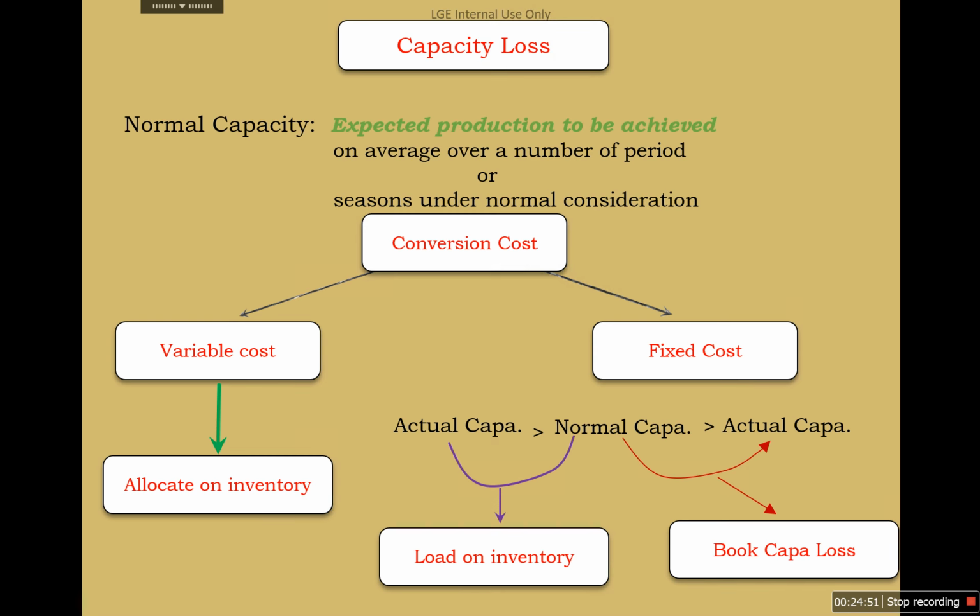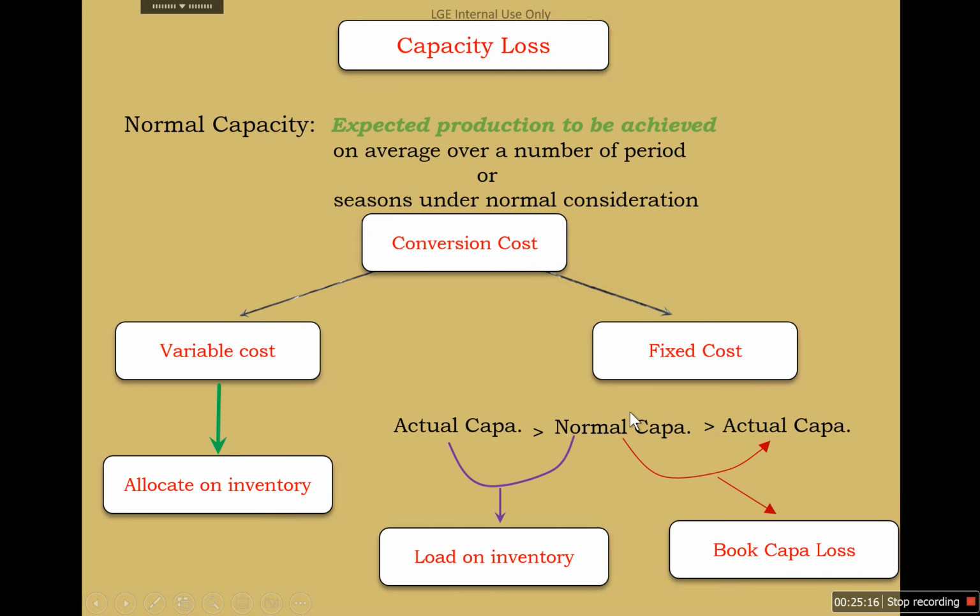In that case, for the 20% decline from the normal capacity to actual capacity, the fixed overhead of 20% we need to book as a capacity loss. And if we do not book it as a capacity loss, it is going to result in an overstated inventory valuation.